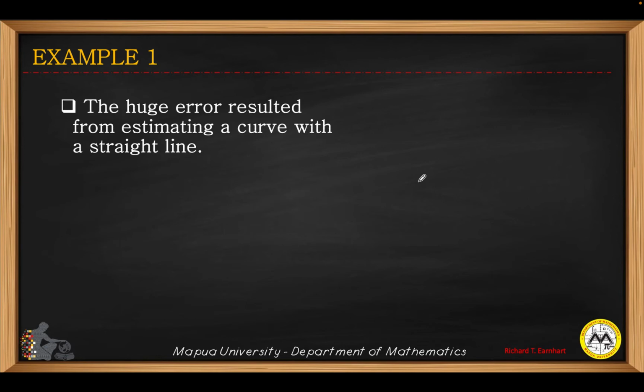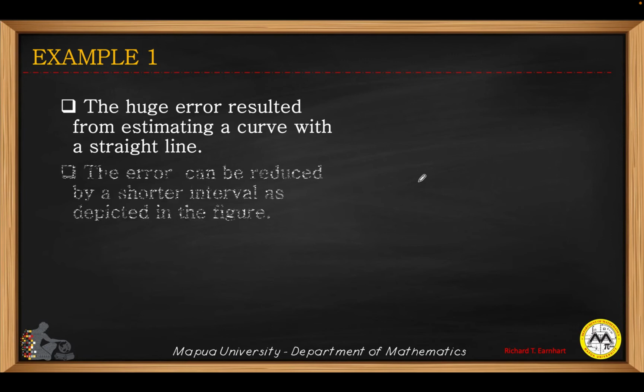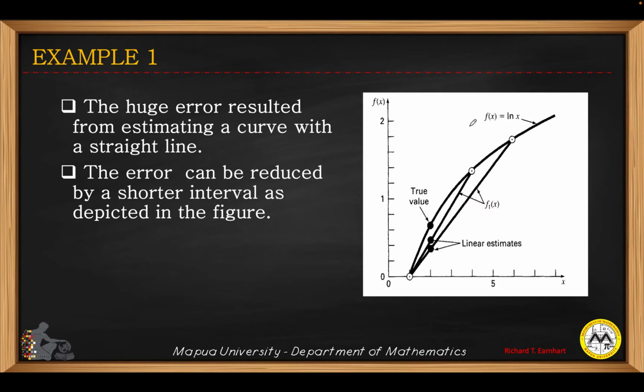The huge error here resulted from estimating a curve with a straight line. We know that the logarithm is a nonlinear curve. This is the graph of ln of x, and this is the true value of ln of 2.